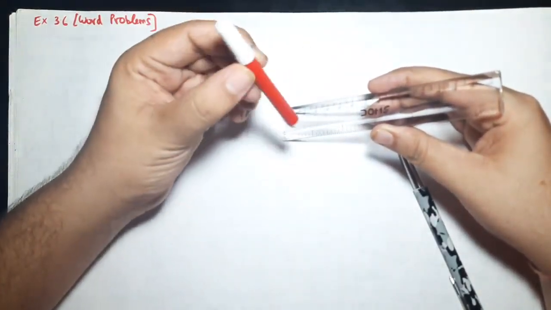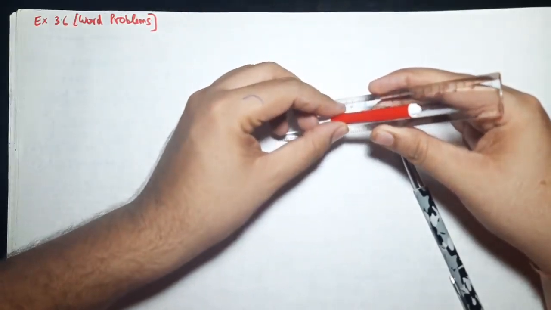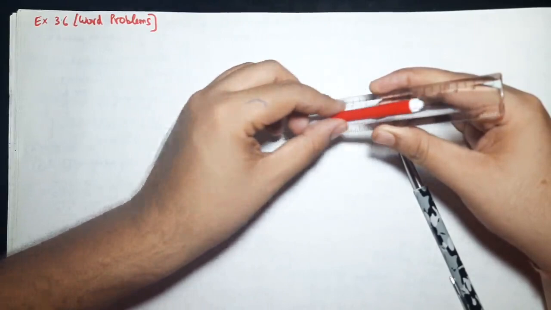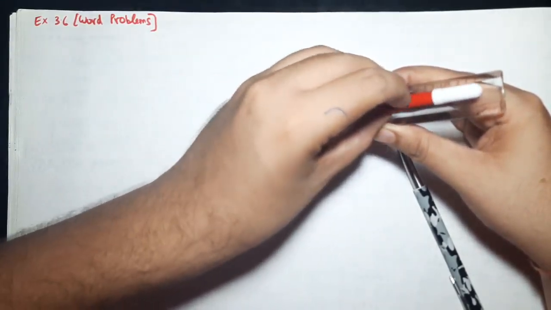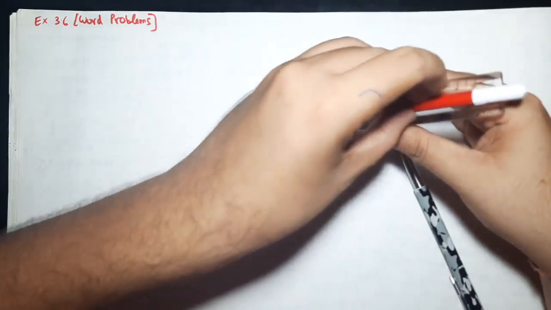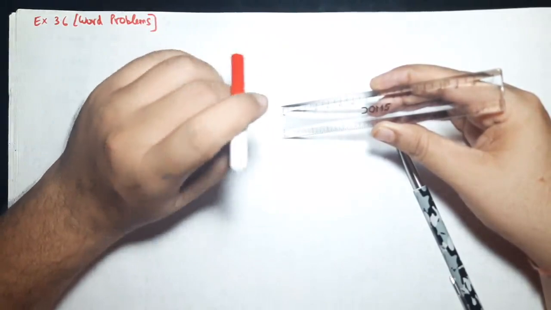Suppose this is your boat. If you are flowing in the downward direction in the river, it is known as downstream. And when you are going upwards towards the river, means you are traveling in the upward direction, that is known as upstream. Now what is the difference?